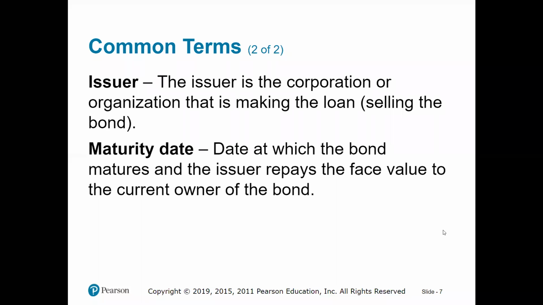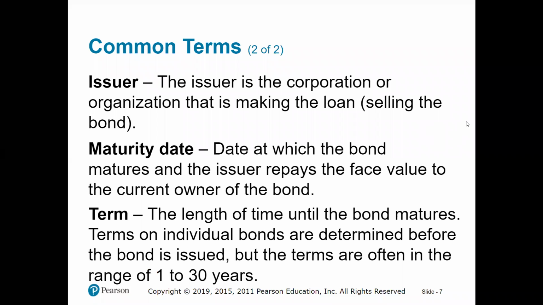Maturity date, the date at which the bond matures and the issuer repays the face value to the current owner of the bond. The term is the length of time until the bond matures. Terms on individual bonds are determined before the bond is issued, but the terms are often in the range of 1 to 30 years.